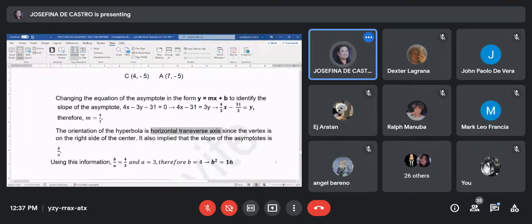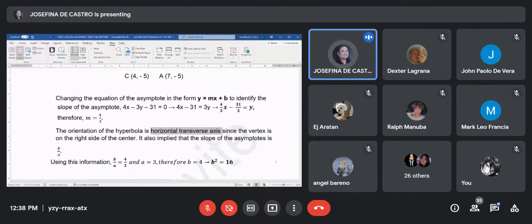Therefore, ang slope ng horizontal transverse ay B over A. Tanggalin mo na yung positive negative. It is understood naman na kung ang ginamit mo ay in general yung nakaslang sa right, B over A. Therefore, si 4 over 3 ay equal kay B over A. Okay? And since si A mo ay 3, therefore B is equal to 4.